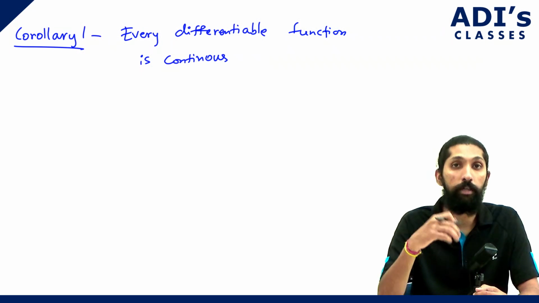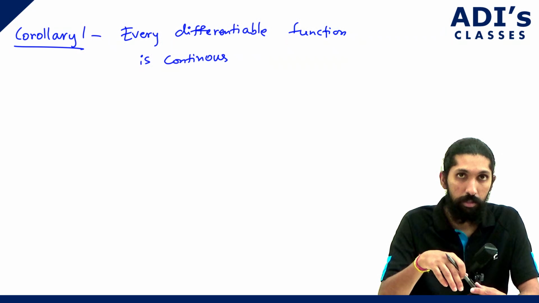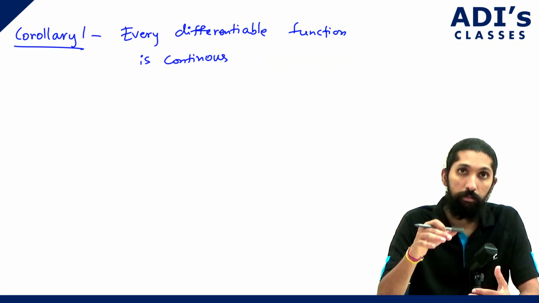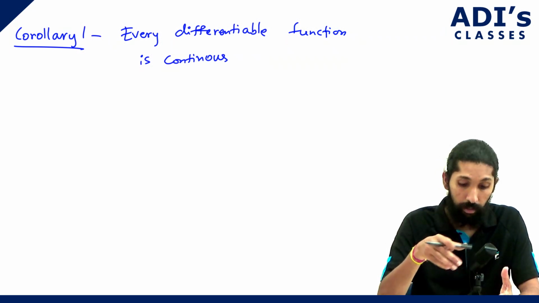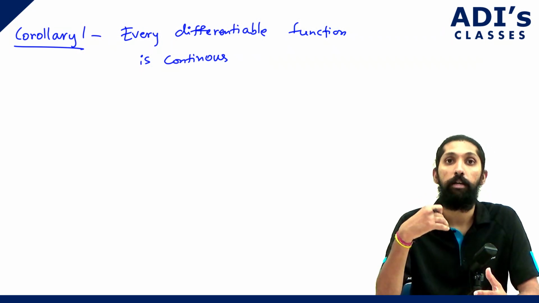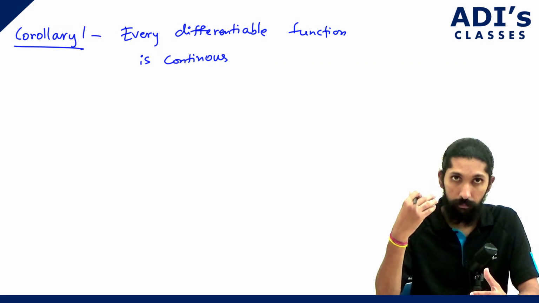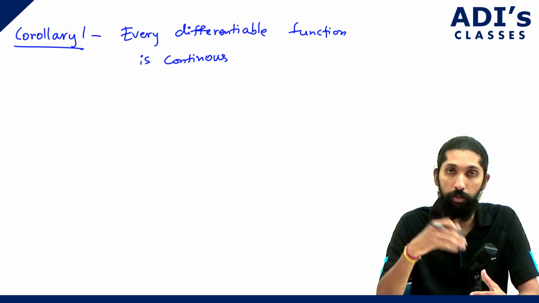Or you can also use the greatest integer function or the signum function. You can use these functions to prove that continuity and the derivative part need not go together: if it is continuous, it need not be differentiable at that particular point. You can come up with the proof on your own.